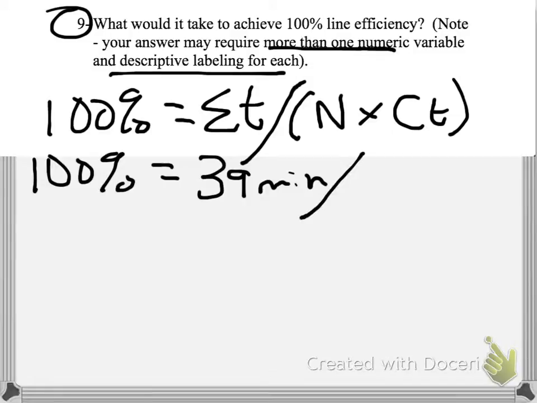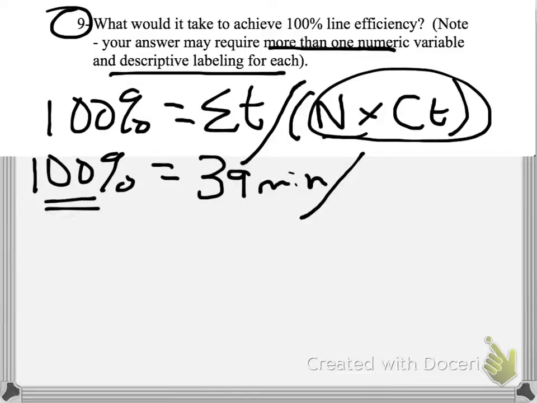39 minutes divided by two components in our denominator, the number of workstations and our cycle time. So the only way to get 100% here would be to divide 39 by 39, which means two numbers times each other need to equal 39.